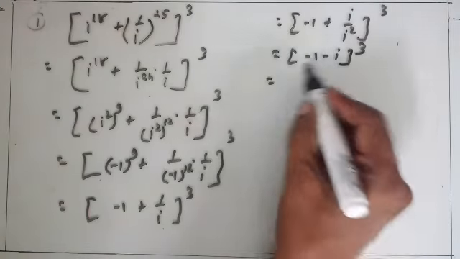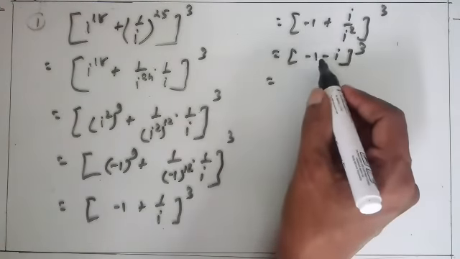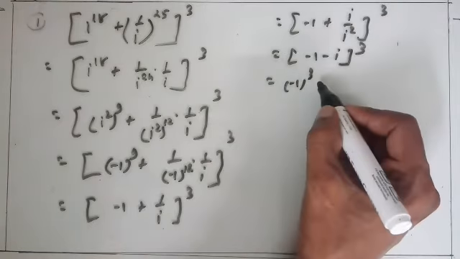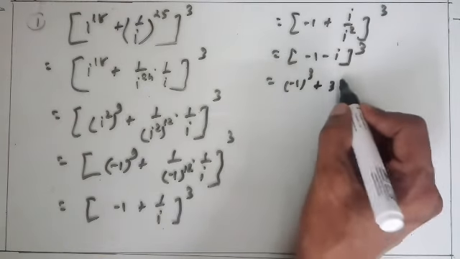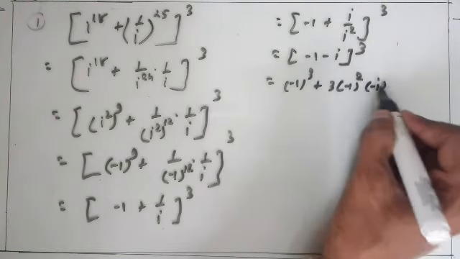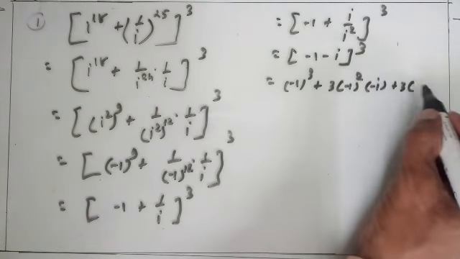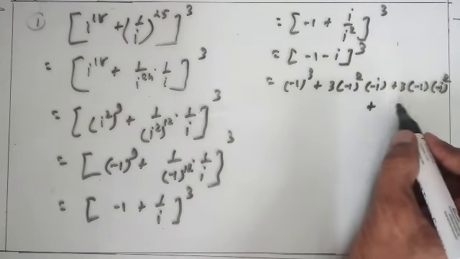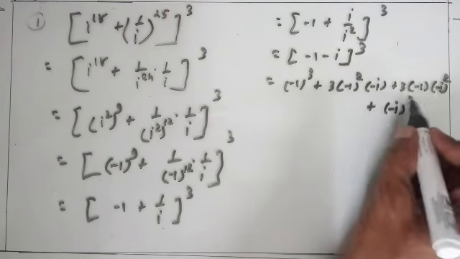Now split this: minus 1 raised to 3 plus 3 into square of first term into minus i plus 3 into first term into square of second term plus minus i raised to 3.